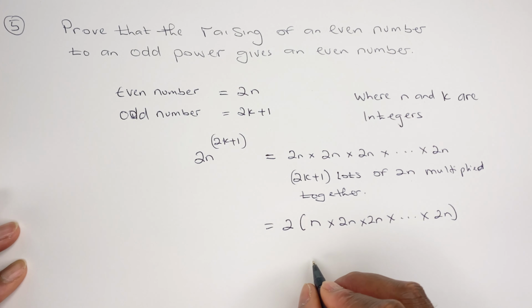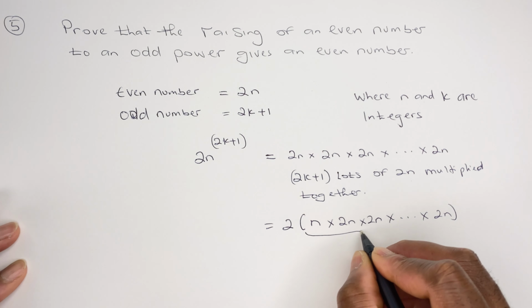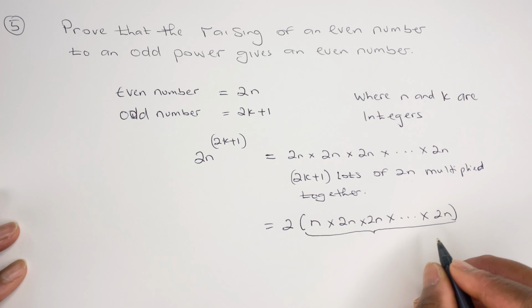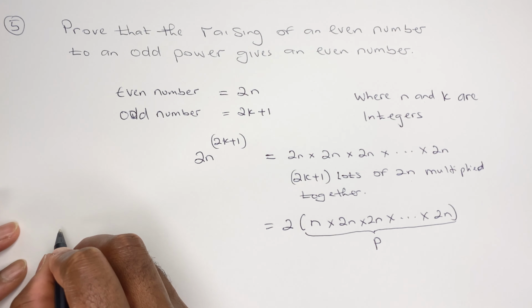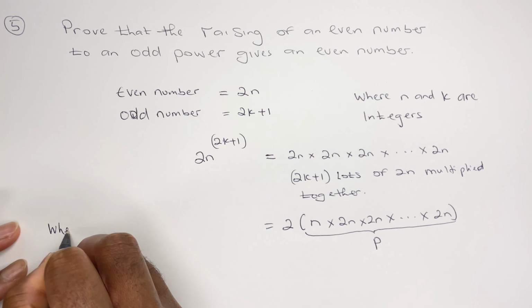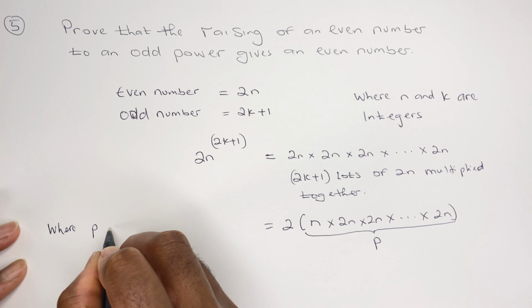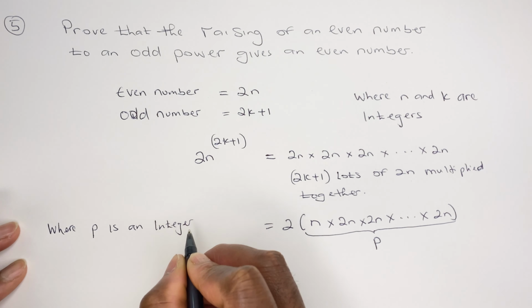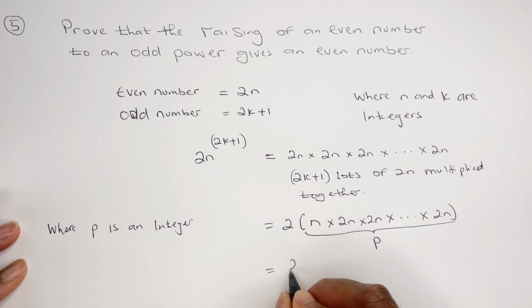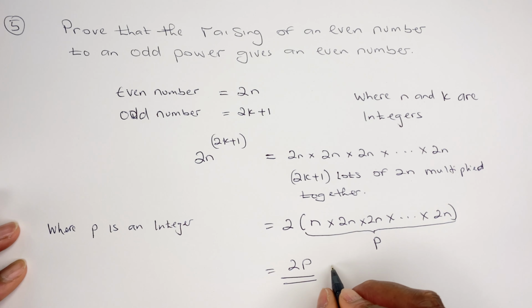And then I could say, let the bracketed number be p, where p is an integer, so we have to write that down. Therefore I will get 2p, and 2p is an even number.